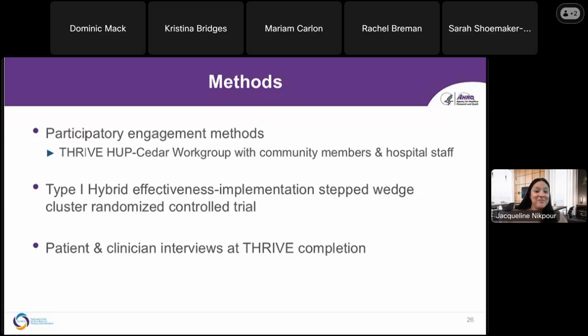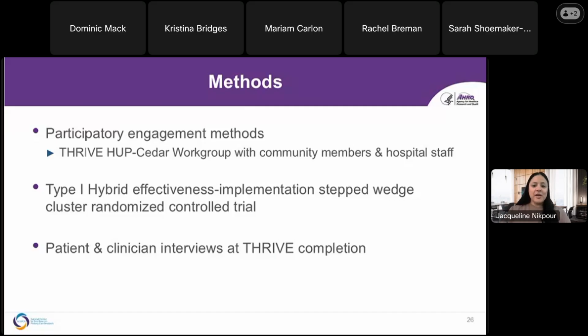So as I said, we've been at this project for about a year now and have largely been focused on that adaptation and implementation in a new site. And that's really involved a lot of participatory engagement work and multi-stakeholder collaborations. If anyone here is involved in the implementation science world, you're probably very familiar with this.